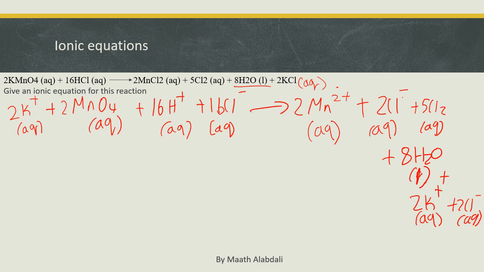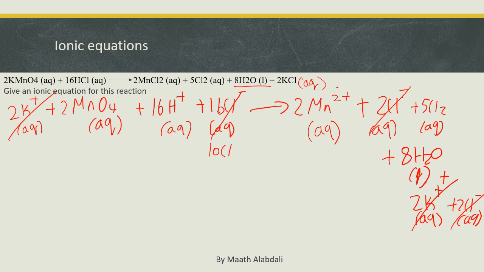And then you cross the spectators, so 2K plus and 2K plus. 16 Cl changes into 10 Cl because this one is going to get crossed and this one is going to get crossed.